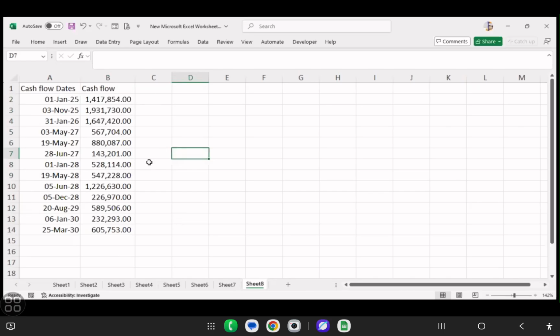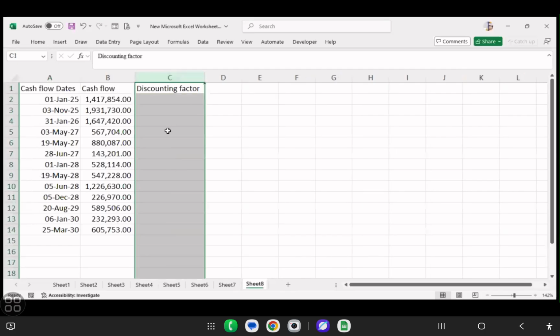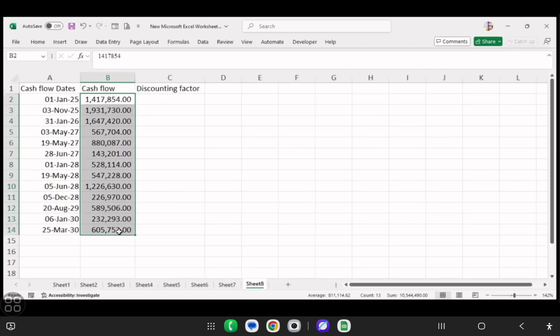If that is the case, we need to get the present value interest factor, or let me call it the discounting factor. When you look at this discounting factor, it means that we are discounting the cash flow in the first period.